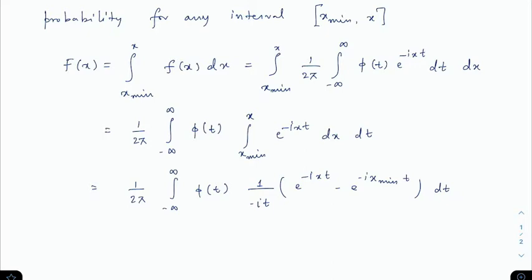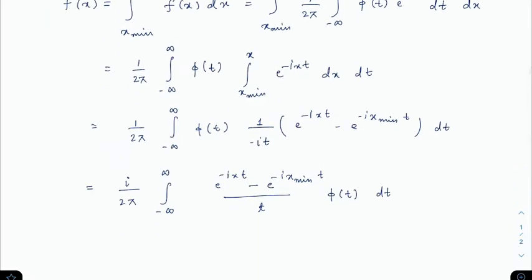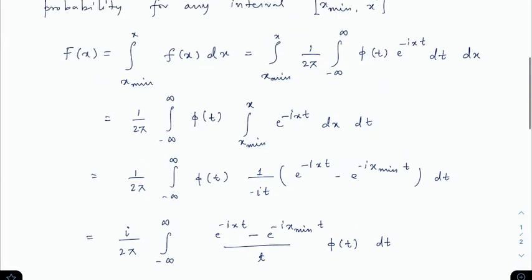So basically we have a function of t as the integrand. We'll take the factor of iota outside. And we can finally write this. So this is how a characteristic function can be related to the probability for a given interval.